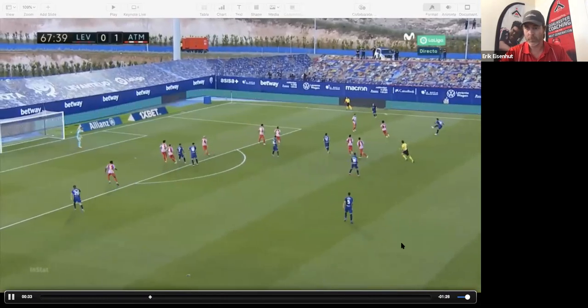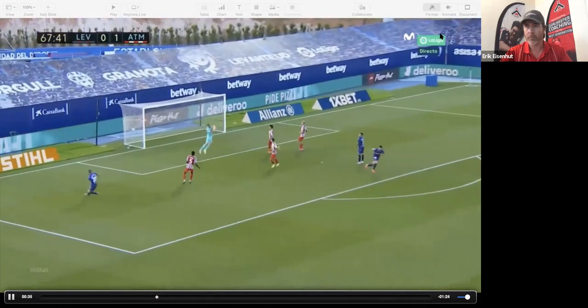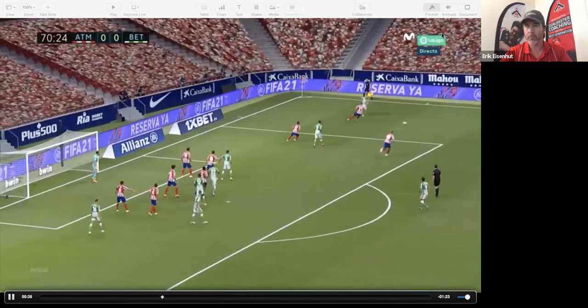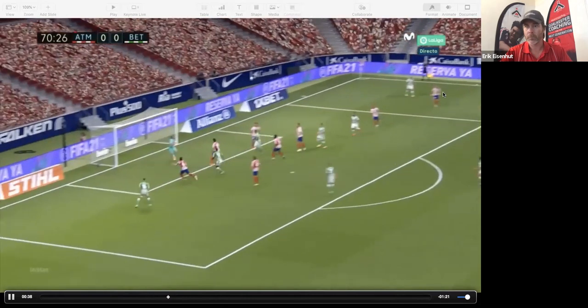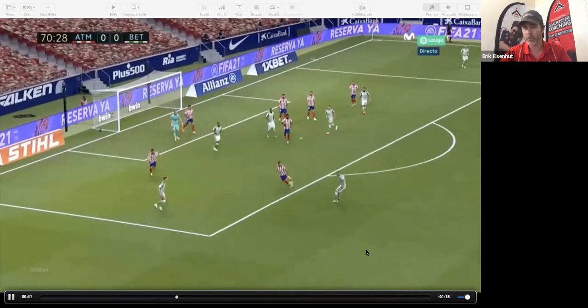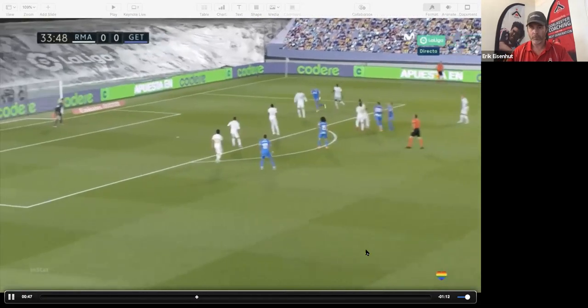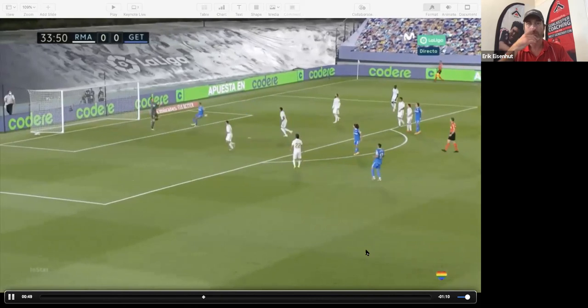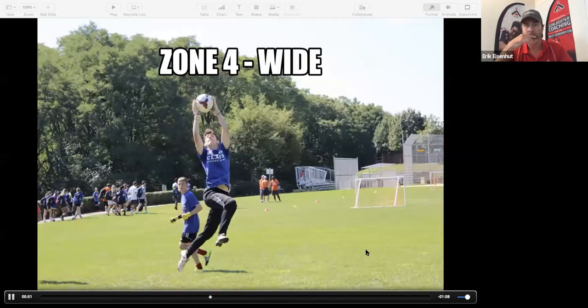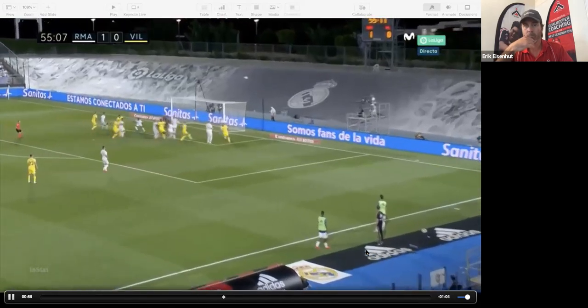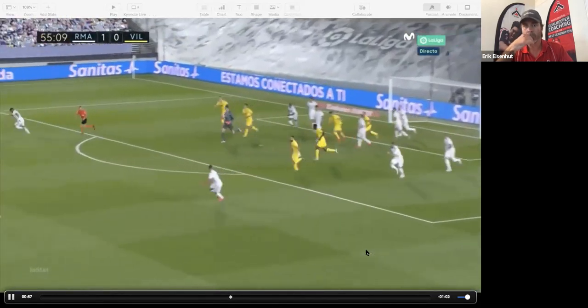Ensayada, pero quizá demasiado elaborada. Balón al segundo palo. Sale Courtois.